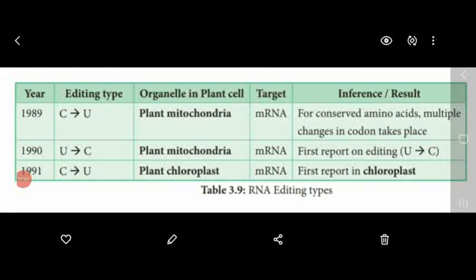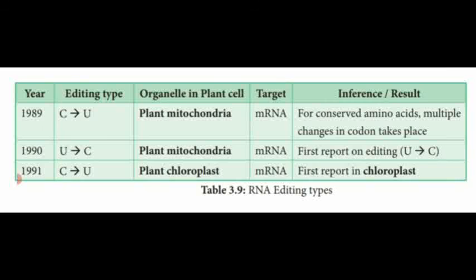Dear students, this is the table showing the RNA editing types. First one, editing types. In the year 1989, cytosine and uracil were found in the cell organelle mitochondria. The target RNA is mRNA, that is messenger RNA. These two pyrimidines are conserved for amino acid. Multiple changes in codon take place.